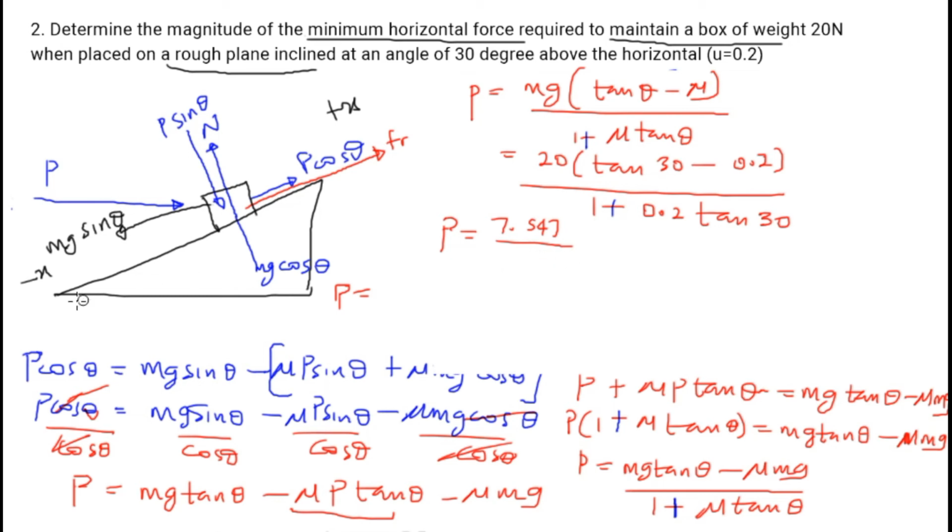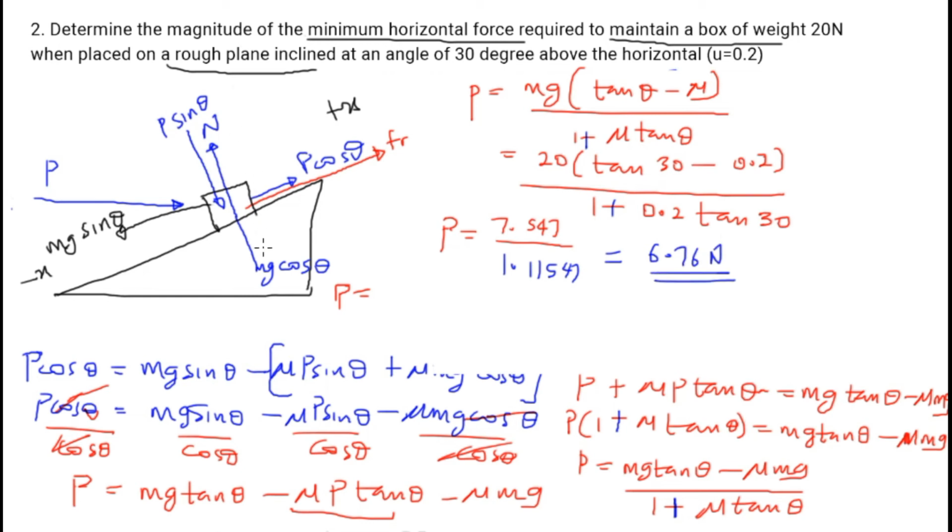So that we'll have something of this nature: 0.2 multiplied by the tan of 30 degrees, then 1 plus the answer, which is supposed to be 1.11547, and then 7.547 divided by that is supposed to be equal to 6.76 newtons.